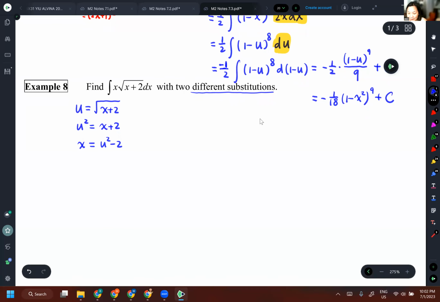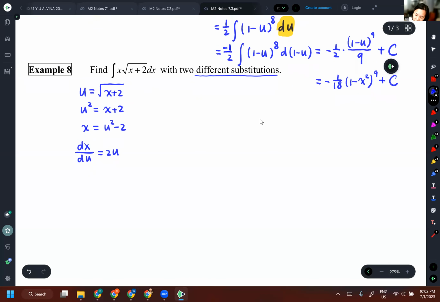So the whole thing is dx/du equals 2u, and dx equals 2u du. That's one of my substitutions anyway.